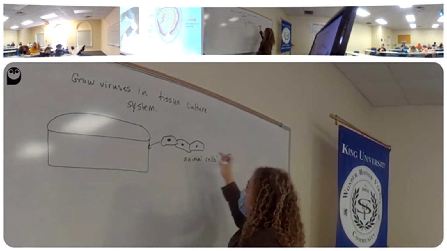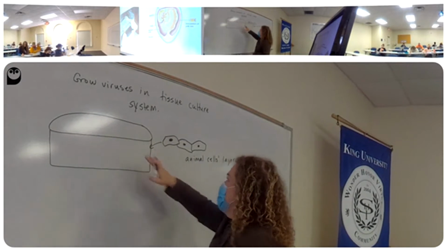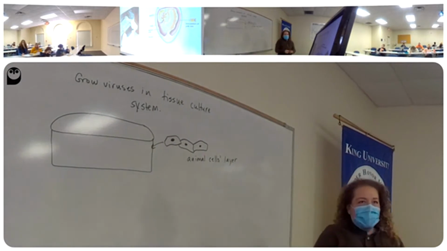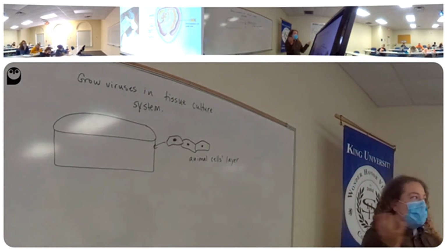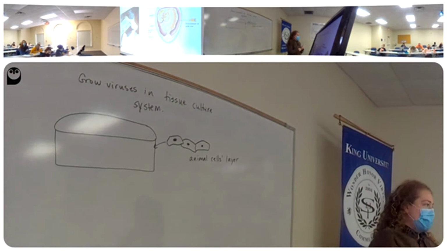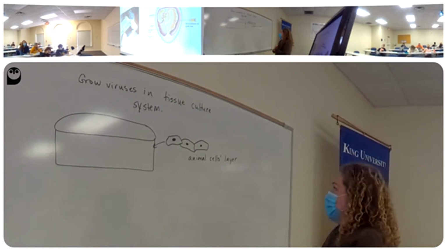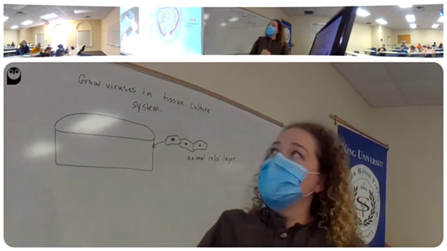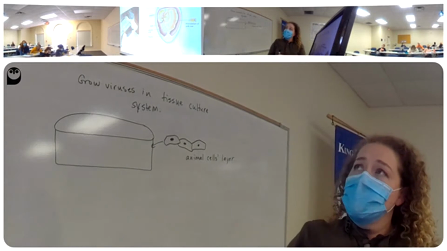The animal cells layer over the surface of the agar. It's not an animal, it's cells that are growing in an artificial system. That's tissue culture. So you could grow viruses in tissue culture.